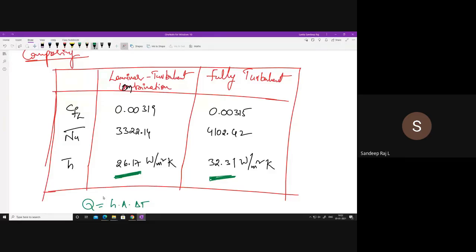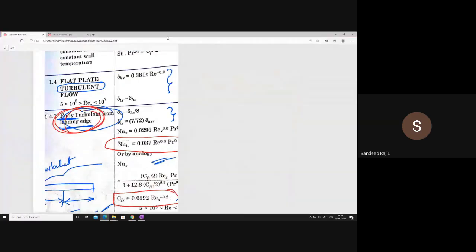So it's always suggested that you use the laminar-turbulent case in a given problem. First, you find out the laminar region, whether it is laminar or turbulent. Based on that, you will choose the appropriate formula. So, with this, I would like to conclude the flow over a flat plate.